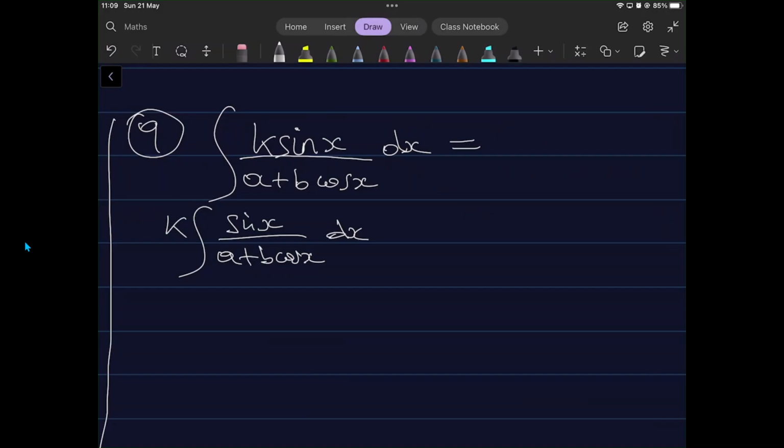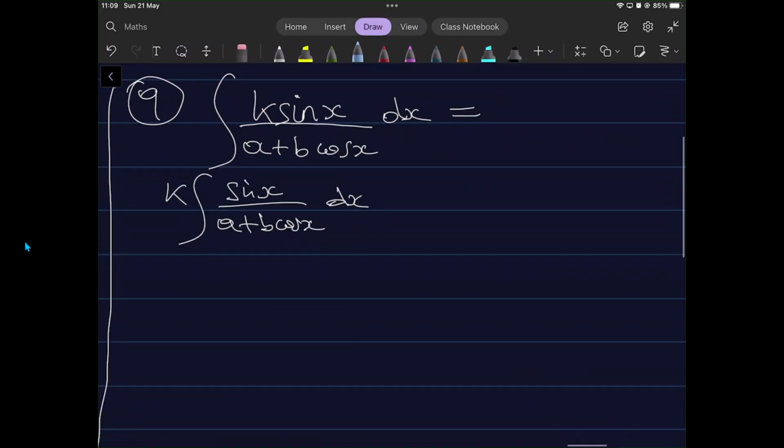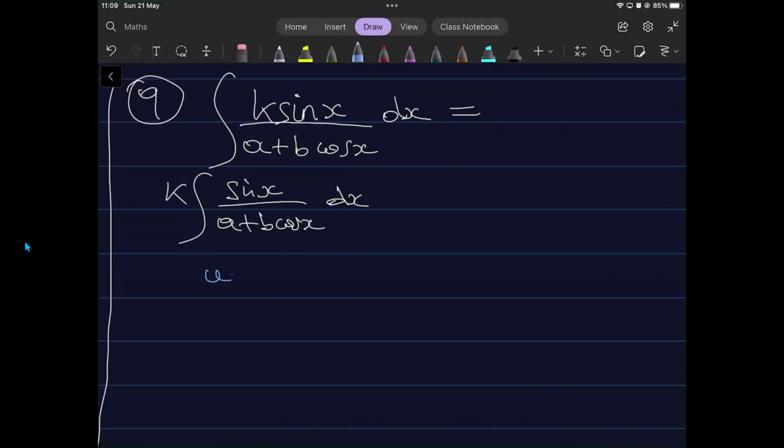And let's take another substitution. You know, most of these integrals we're doing today involve substitutions. It's quite fun, isn't it? So let's let u equal the denominator and differentiate both sides implicitly. So we get negative b sine of x dx on the right hand side.